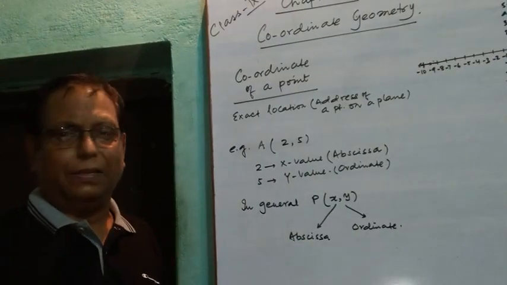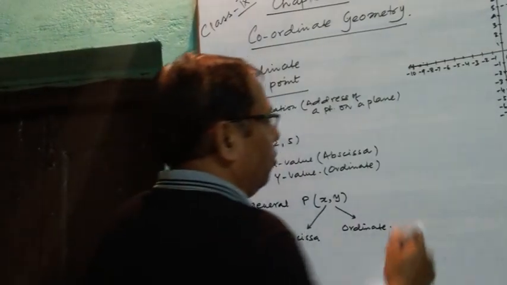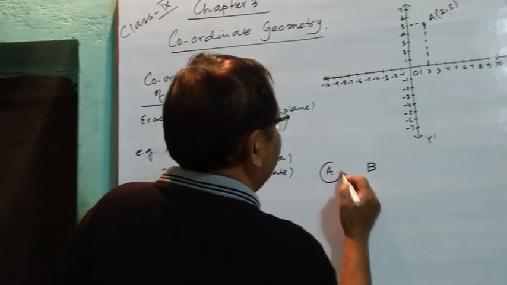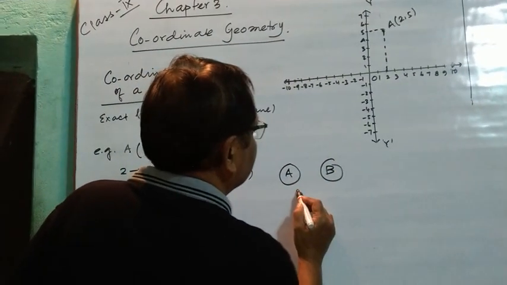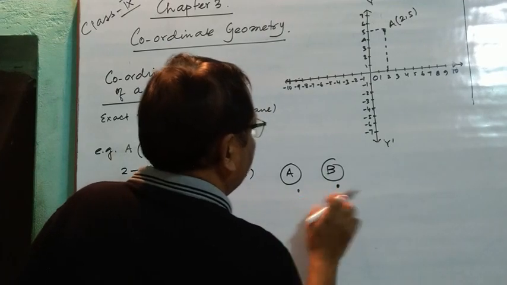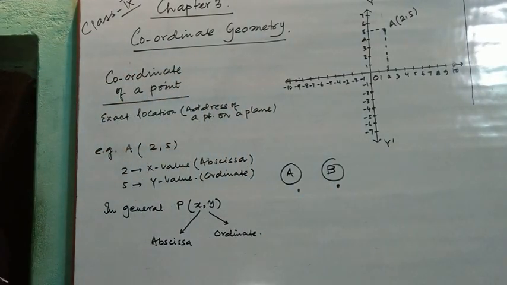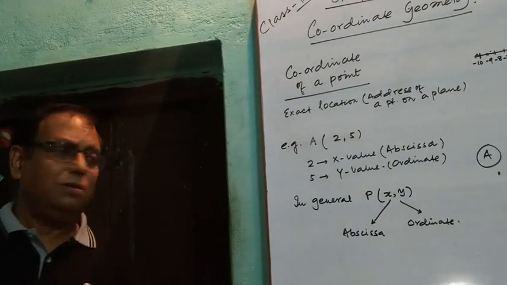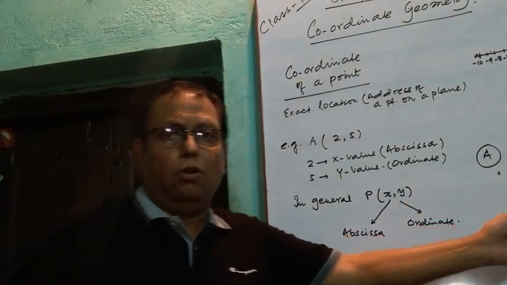They are different. If I say 2 points are A and B, so definitely the point A has got a different identity and point B has got a different identity. But what is the similarity between them? They are coplanar, they belong to the same plane.